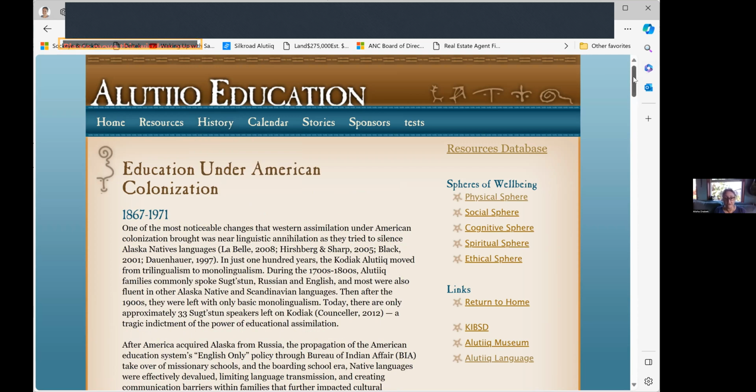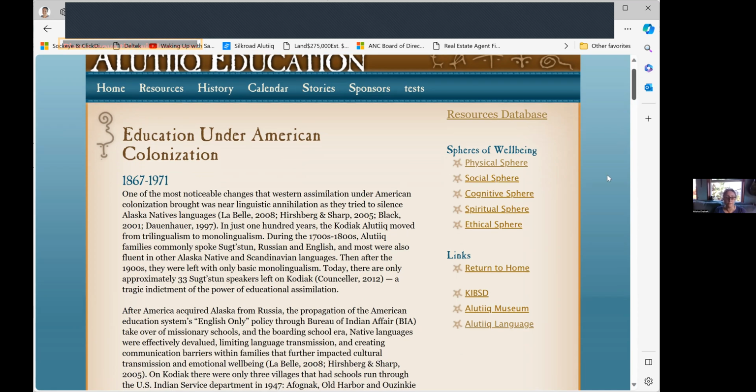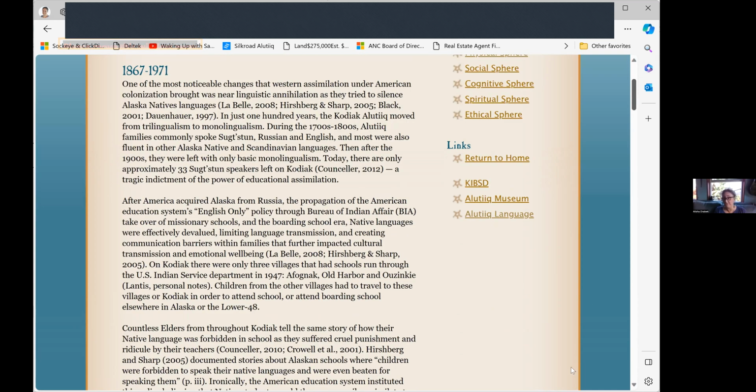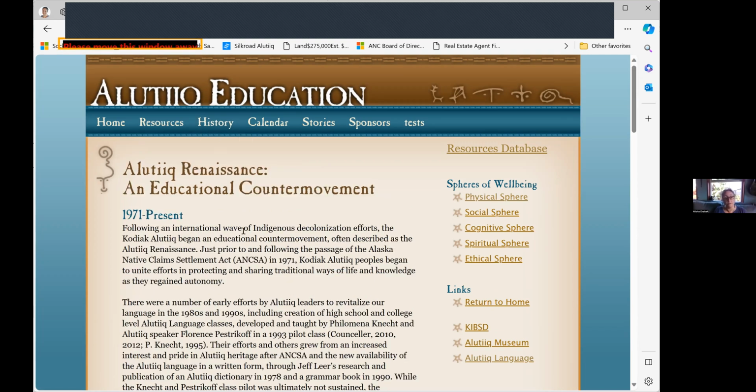But for an educator who maybe is new to Kodiak Island, you would want them to be able to just read a couple pages and have a basic understanding to be able to effectively work with this content. And then I included a section about our modern Alutiiq Renaissance, breaking out of the American period and saying that 1971 is a sixth era in essence. So I included that part from the book too.